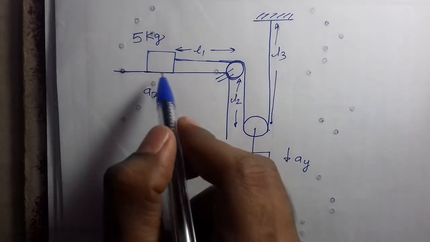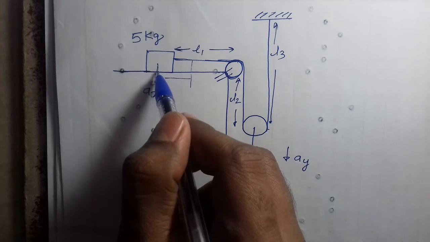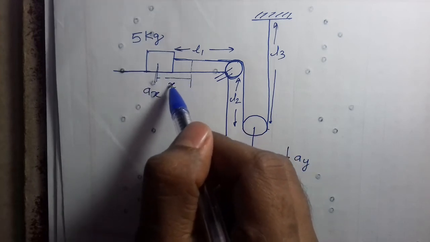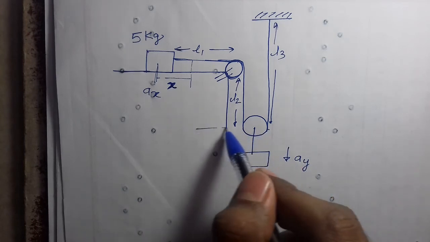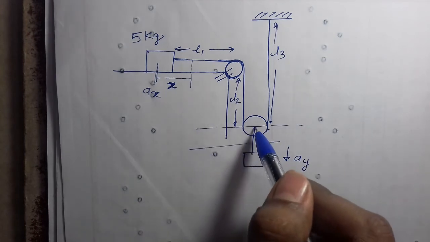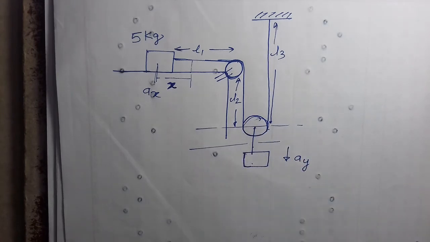Then after some time this block moves from this position to this position, through distance x. This block also moves from this position to this position. When the block moves, the pulley also moves.